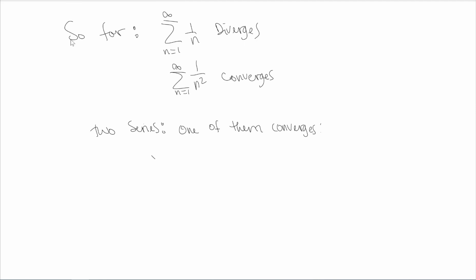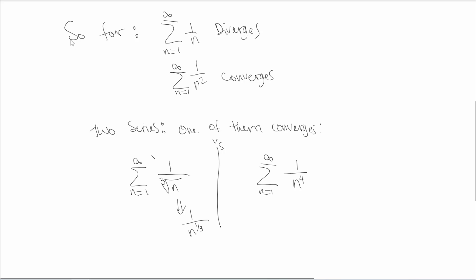If I say n equals 1 to infinity of 1 over the cube root of n versus the summation n equals 1 to infinity of, say, 1 over n to the fourth. Which one do you think is going to converge? And you can think of this as 1 over n to the 1/3. And so based on our work with improper integrals, notice that the 1 over n to the fourth is the one that converges.